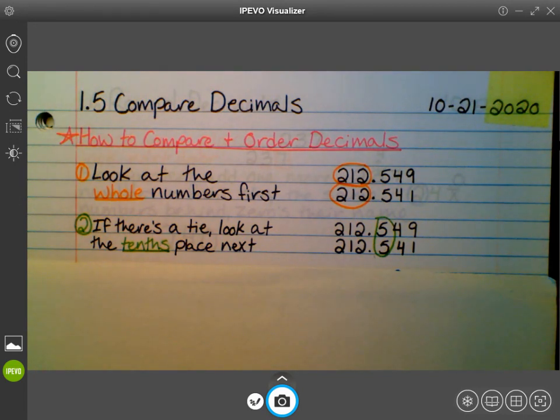Then we rewrite our 2 numbers and circle the tenths place. Thumbs up when you have number 2 written down.